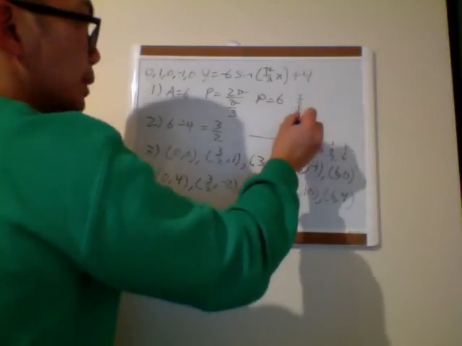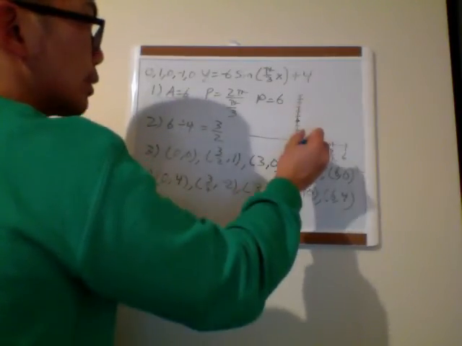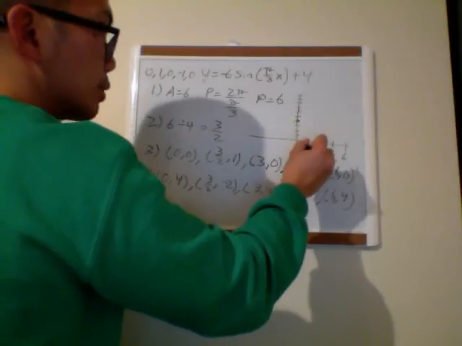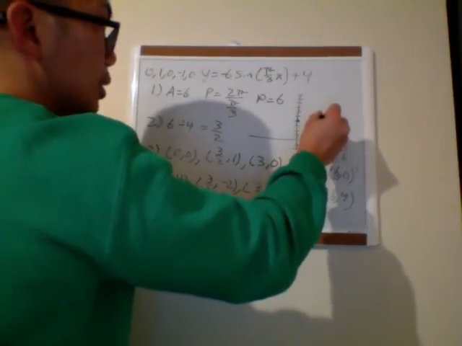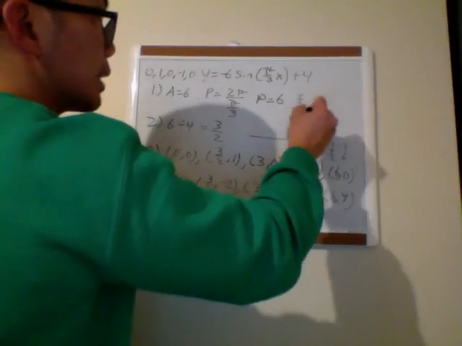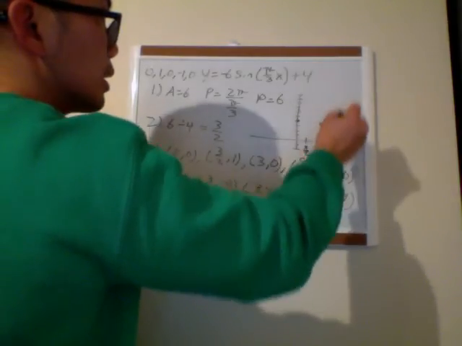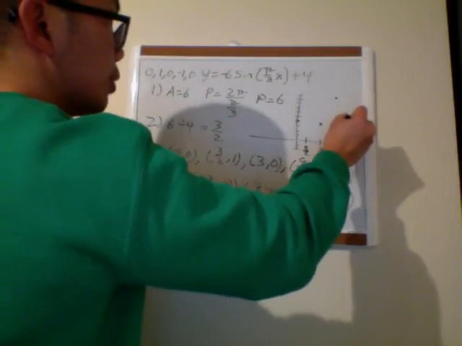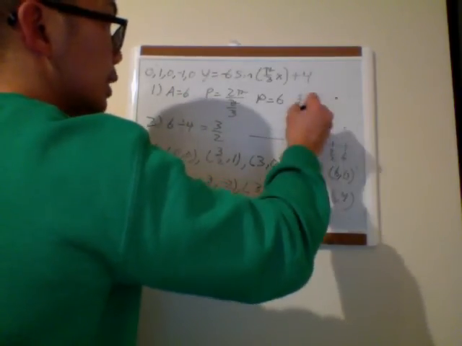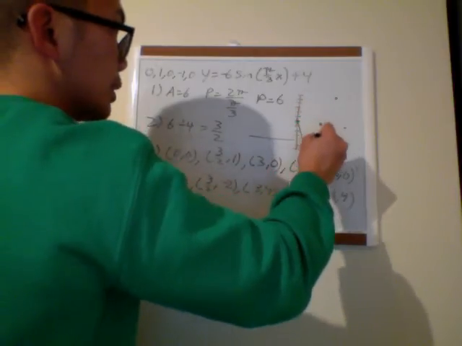At 0, I'll be at 4. At 3 halves, I'll be at -2, so I'll be down here. At 3, I'll be at 4. At 9 halves, I'll be at 10. And then at 6, I'll be back at 4. So I know my sine wave is going to go through here like this.